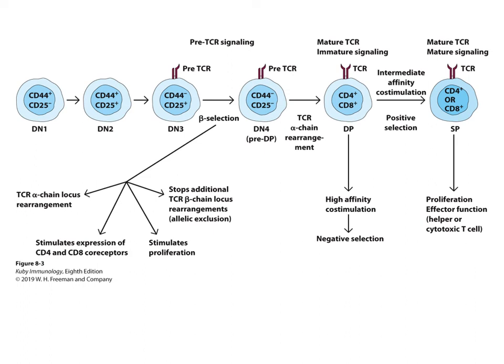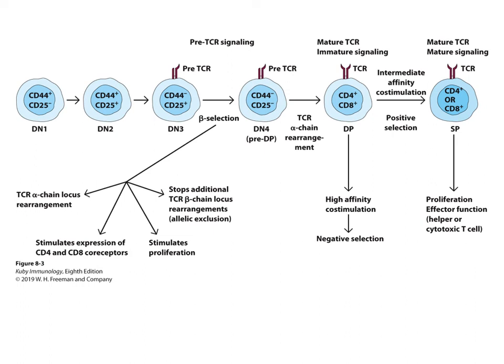So that receptor undergoes negative selection. With negative selection, we're making sure that it's not going to react or bind to any of our self-peptides. If it fails negative selection, it would undergo apoptosis.